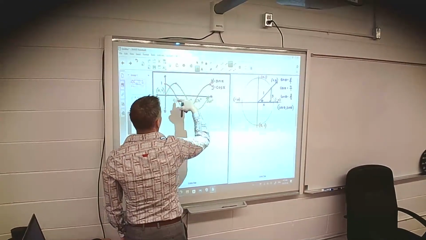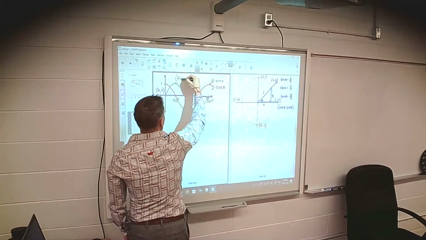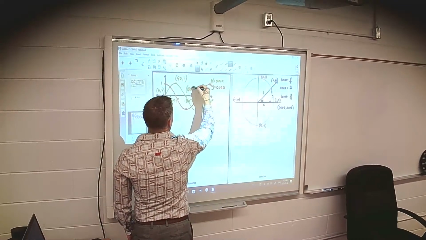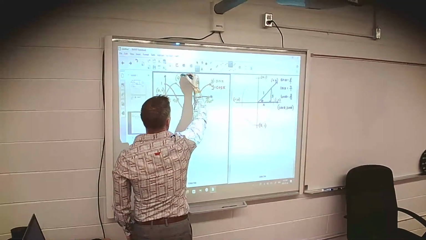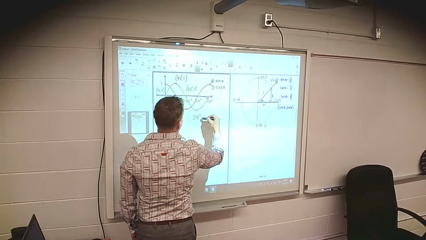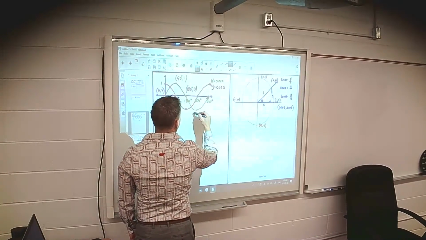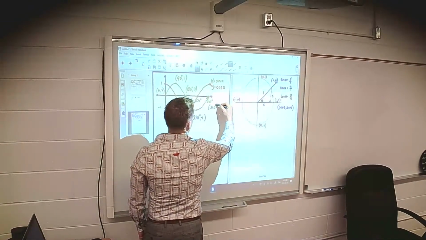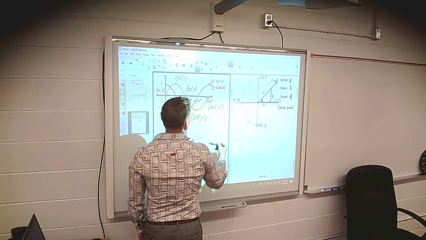This coordinate right here is 90 and 1, 180 and 0, 270 degrees and negative 1 down there, and 360 degrees and 0.